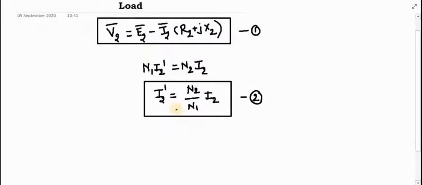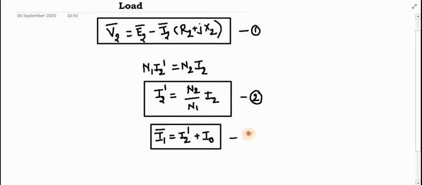So here I can write the third equation: I1 is equal to I2 dash plus I0. Let this be equation number 3.